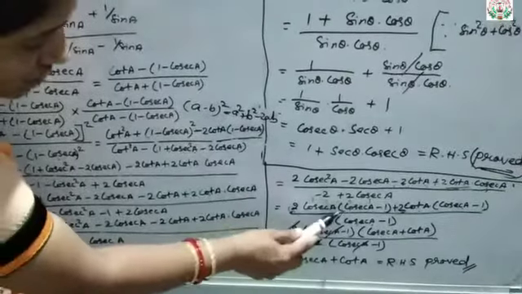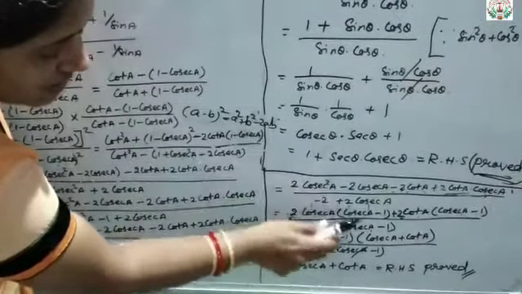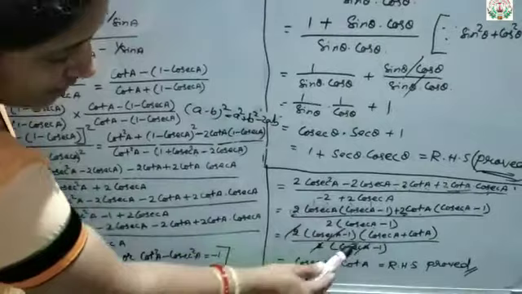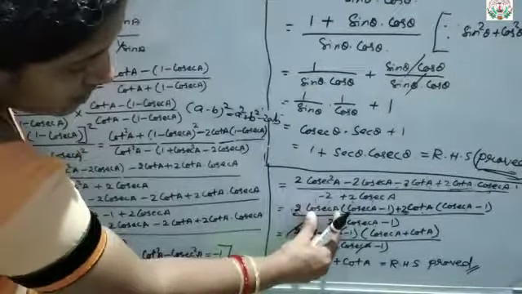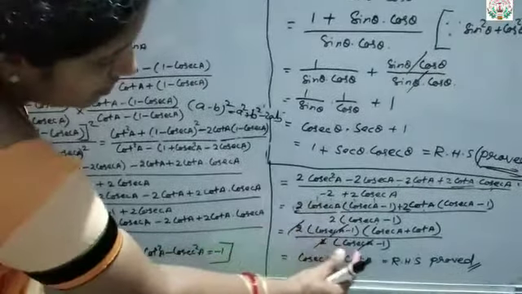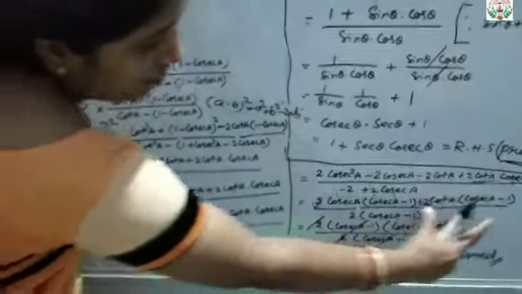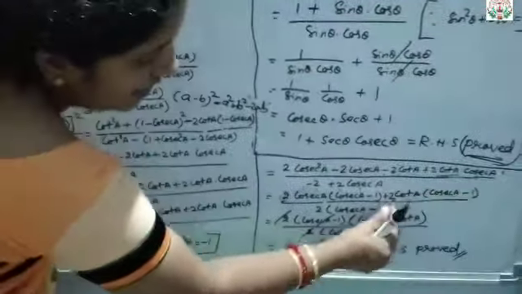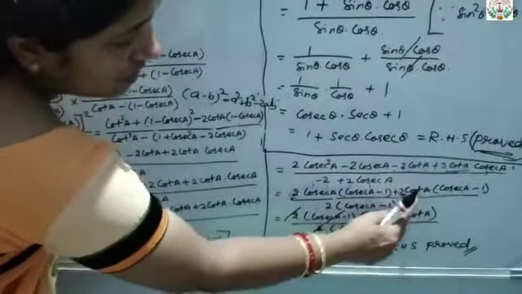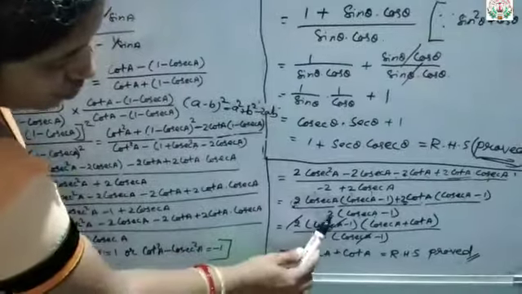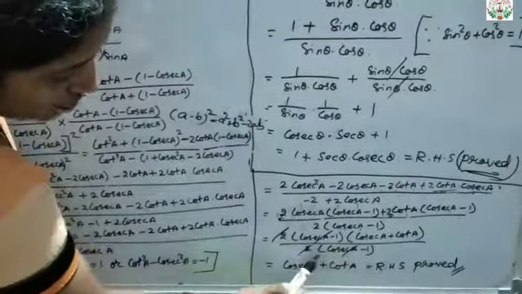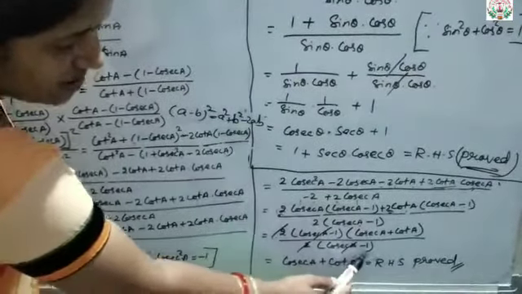Now these 2 terms gone out from here. What is left out? Cosec A minus 1. So gone out this one and this one. What is left out? Cosec A only. So here cosec A, and from here this term and 2 gone out. What is left out? Cot A. So plus cot A. Denominator you can see 2, then cosec A minus 1. So 2 into cosec A minus 1.